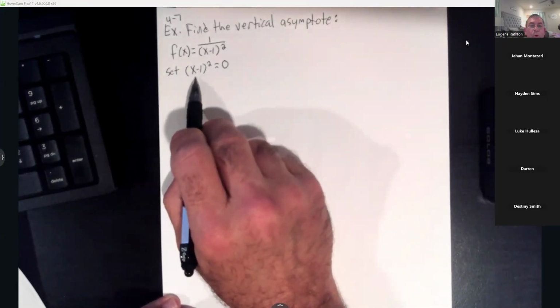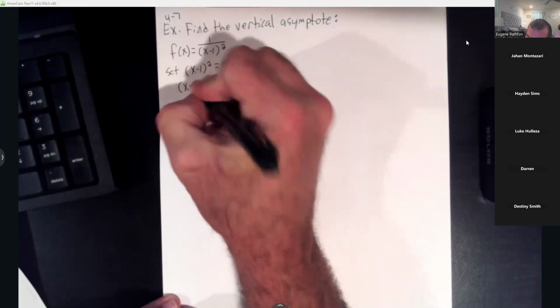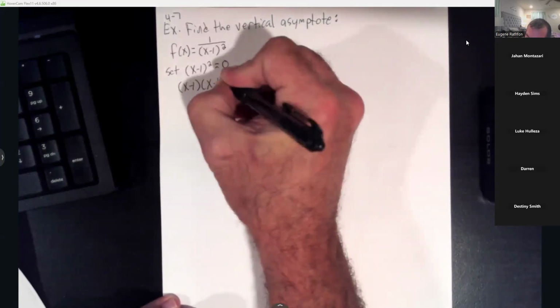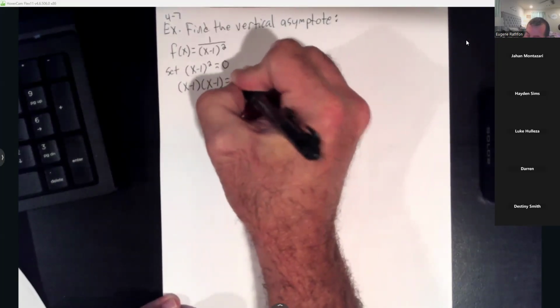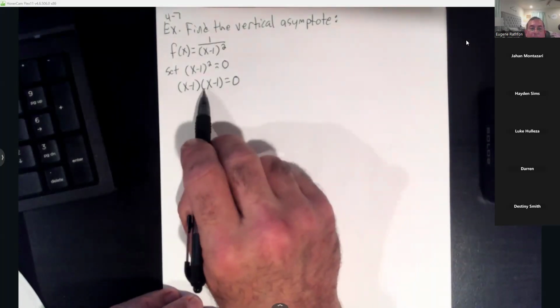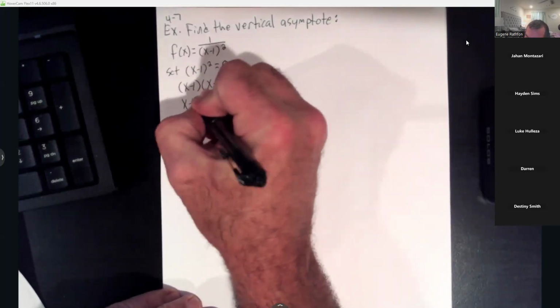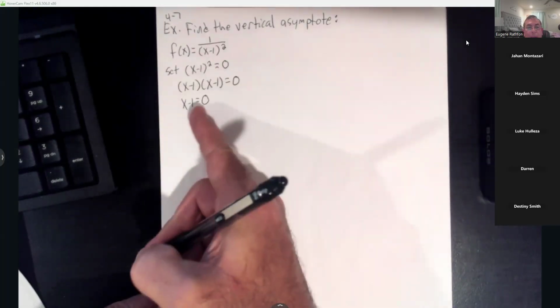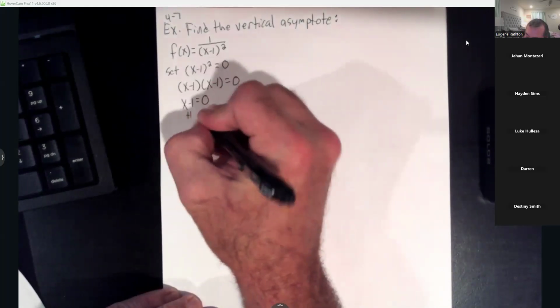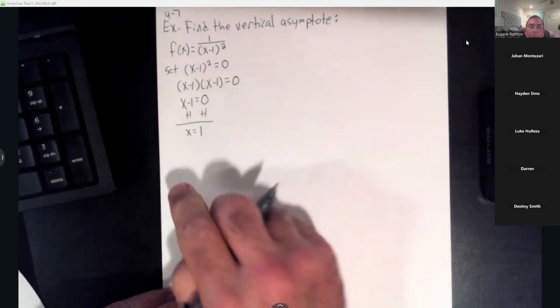You know, (x minus 1) squared means x minus 1 times x minus 1. So I've got the same factor, so I only have to do this once. I'm just going to set x minus 1 equal to 0 and solve that for x by adding 1, and I get x equals 1.